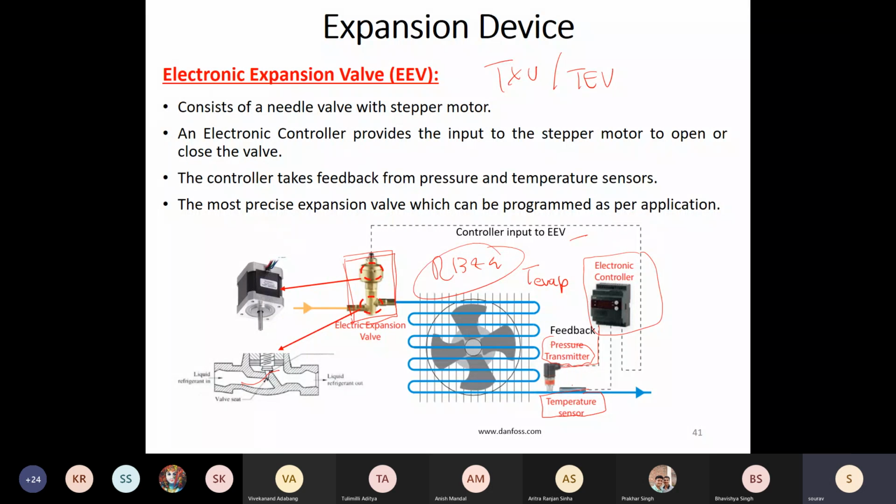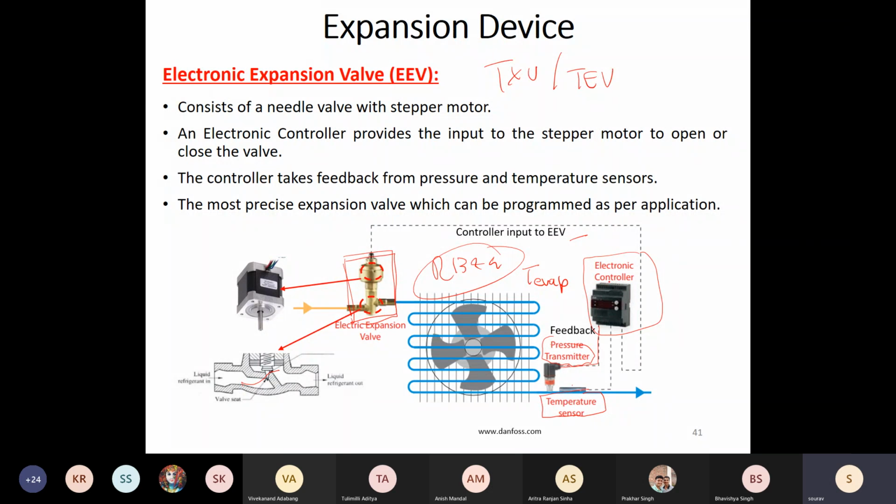These are quite costly and hence they are used only for extremely large systems or any particular system where you have to continuously monitor, log, and where you can justify the use of such electronic sensors. Normally they'll cost you around 15,000. The basic model with all the sensors, the valve, the electronic controller, everything integrated, around 15,000 or so.